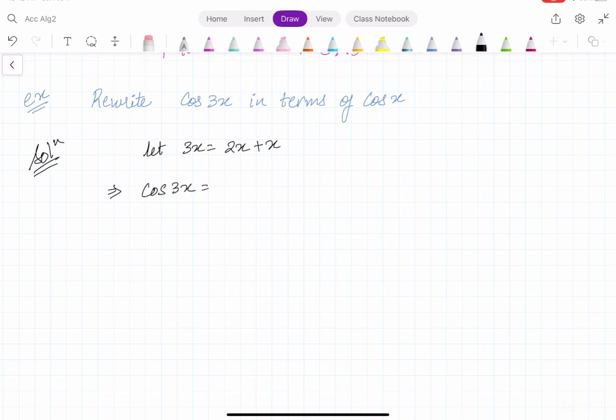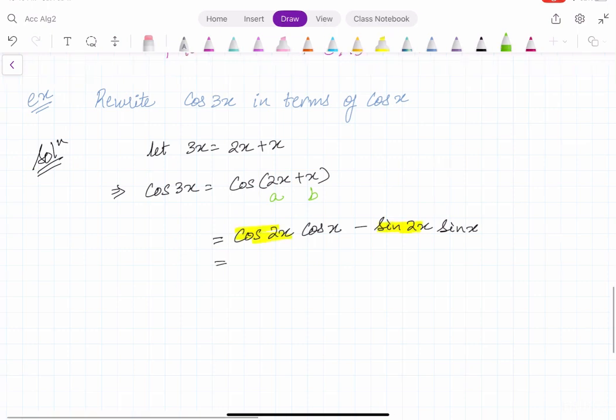Let's apply that. We can write 3x as 2x plus x. That is nothing but cos(a plus b). As I told you earlier, cos tries to remain a little bit separated from sine. So cos a cos b, minus, because we are talking about adding, it will be minus sine a sine b. Now, cos 2x and sine 2x are my double angle theorems.